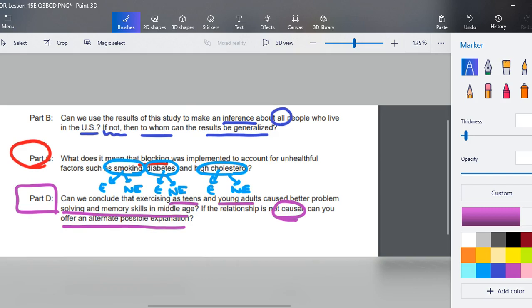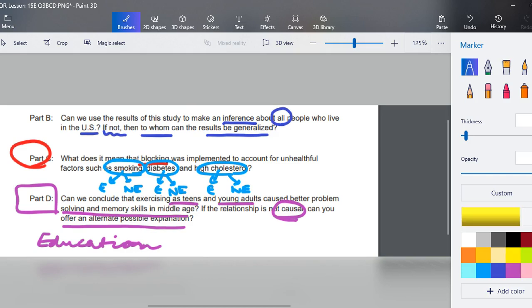There may be another variable or other variables that cause good exercise habits and better problem solving and memory skills to occur together. And one thing that seems to come up in our classroom discussions and in these lessons is education. Because it may be that more education led people to exercise more, and also because they were in school, to have better problem solving skills as they got older.